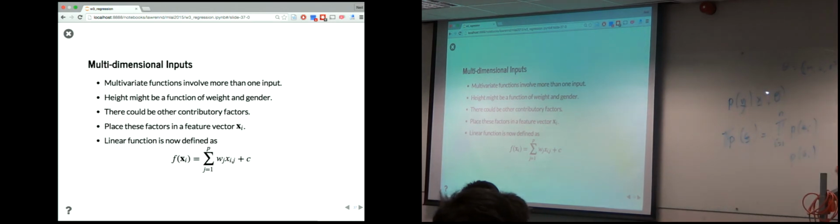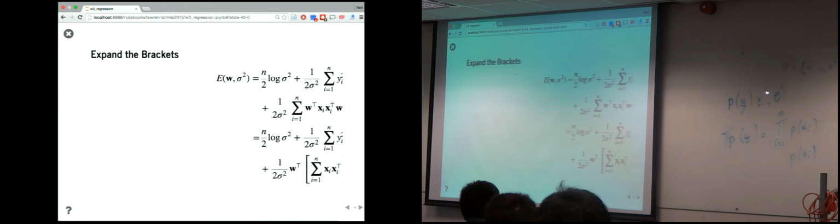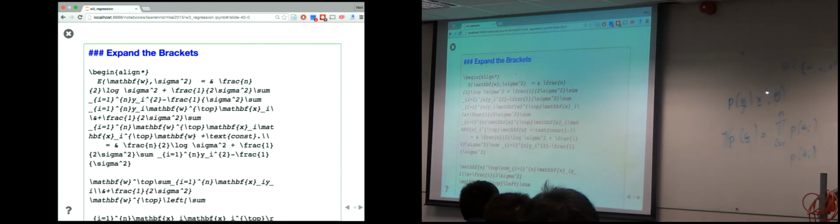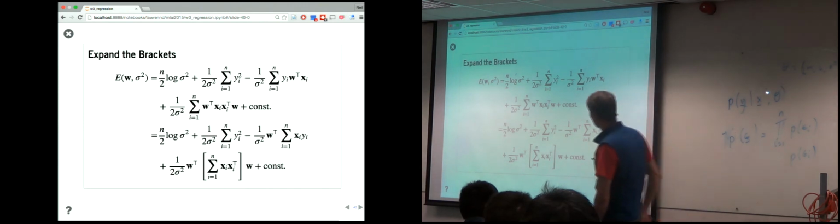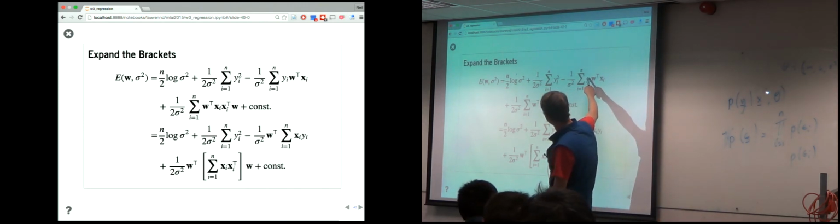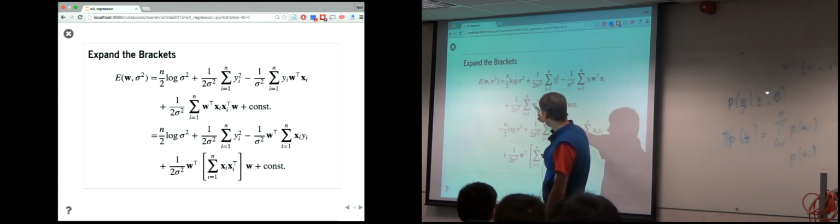So this is a general case. This generalizes the linear regression we did before. But what it needs is, when we expand the brackets, this form. The expanding of the brackets is the same as before, but before, we could just write mx plus c in here, and this thing would look quite different to this.